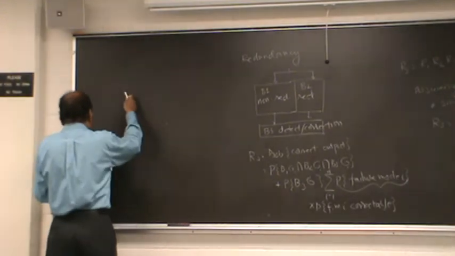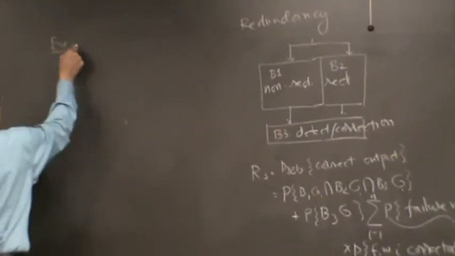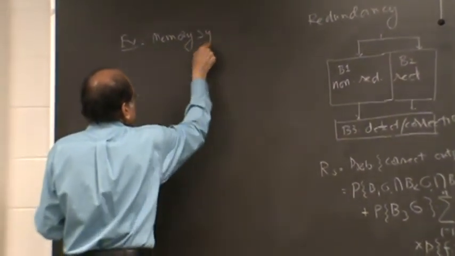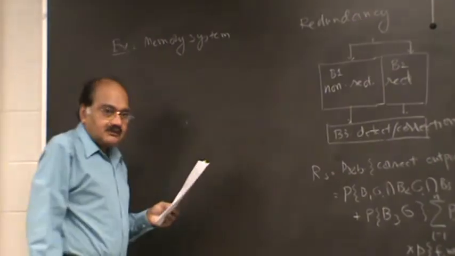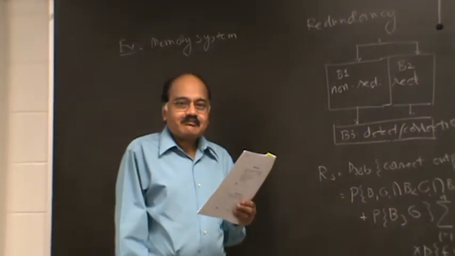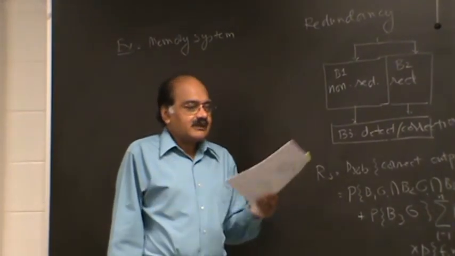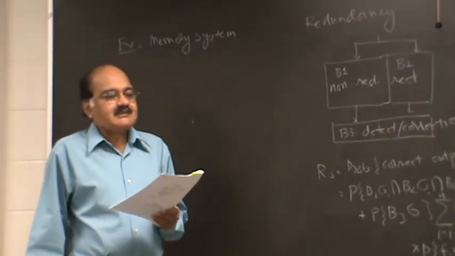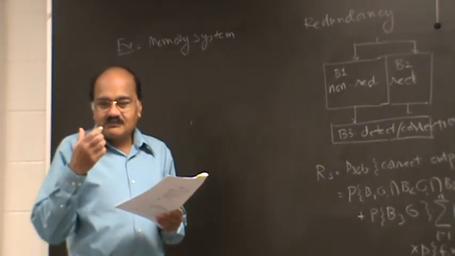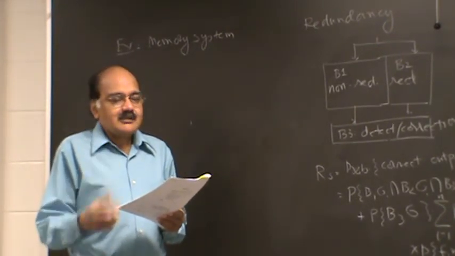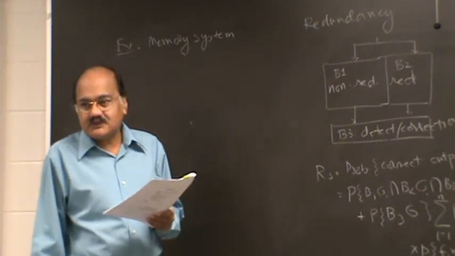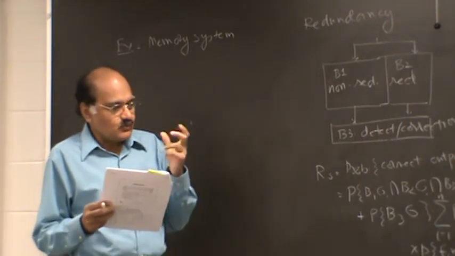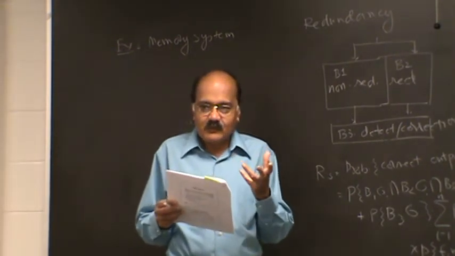So let's consider an example. A memory system. Now, I forgot to mention an important thing. In the last few years, like last 5-7 years, problem with soft errors have become more severe because the device dimensions have been decreasing. So they are now more susceptible to soft failure. So whenever there is a charged particle that hits a storage element, now the charged particles are everywhere.